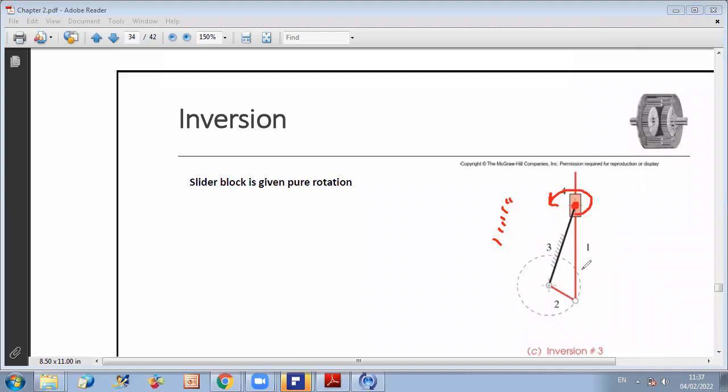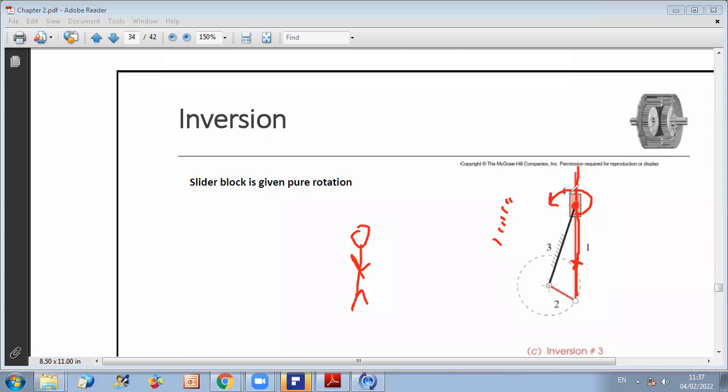It's true that it will slide relative to link 1, because link 1 can go back and forth. So here link 1 will go back and forth, and if you are standing here, you will see relative to link 1 that the block is translating. But if you are an external observer, in the absolute frame, then you will see that this block will do a rotation.